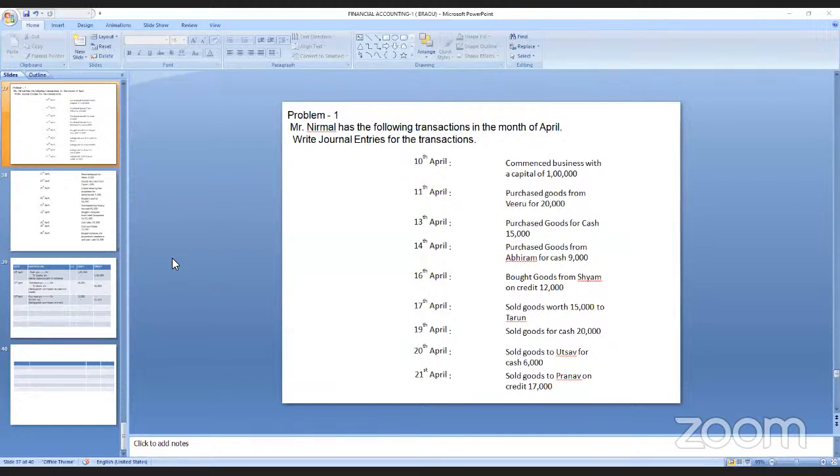Teja: sold goods on credit to Pranav. Pranav account debit to sales account. The 28th one, cash account debit to sales account.